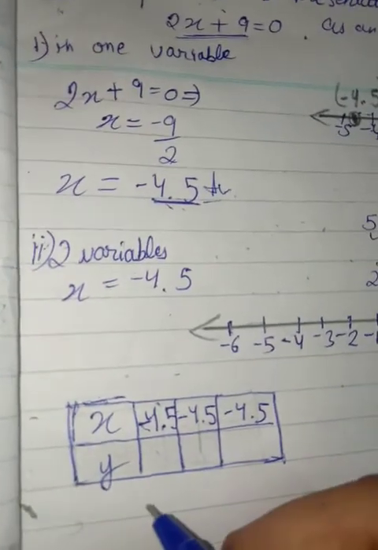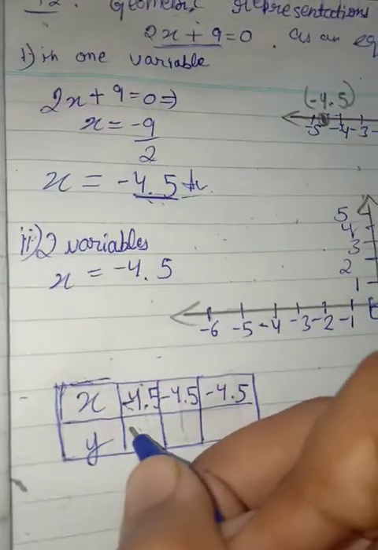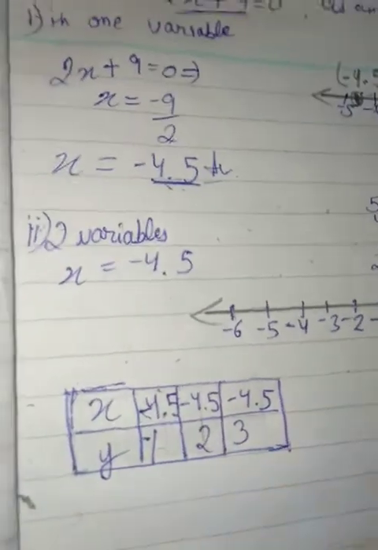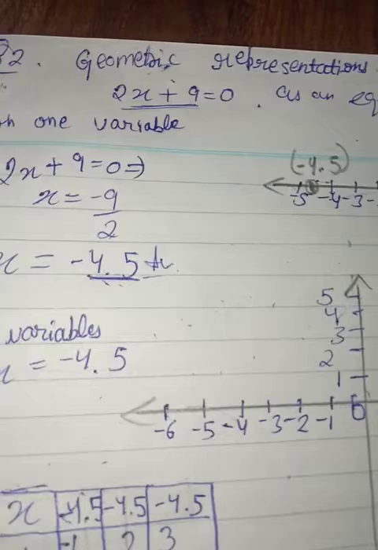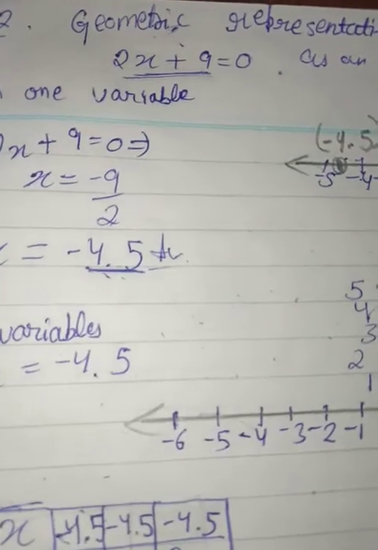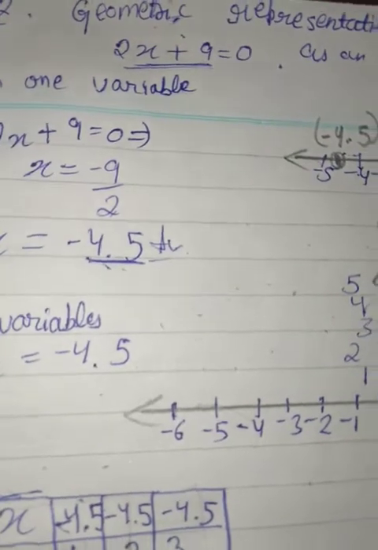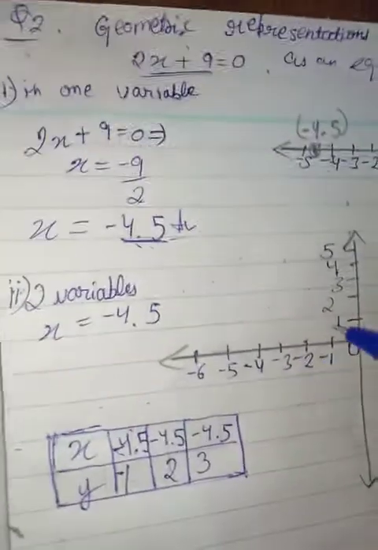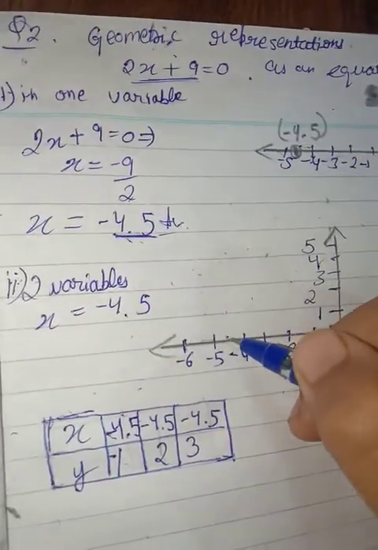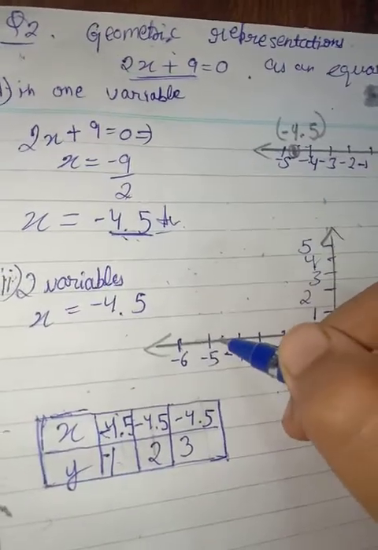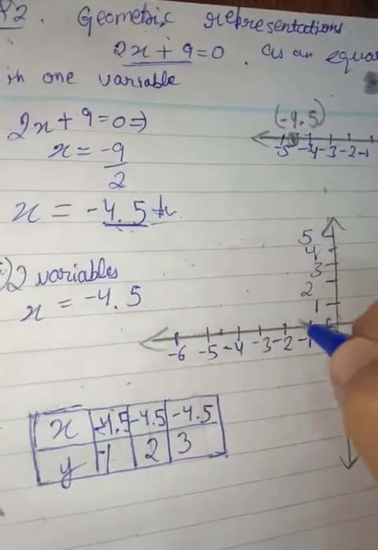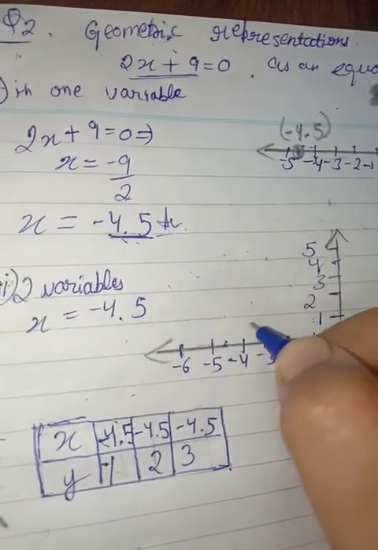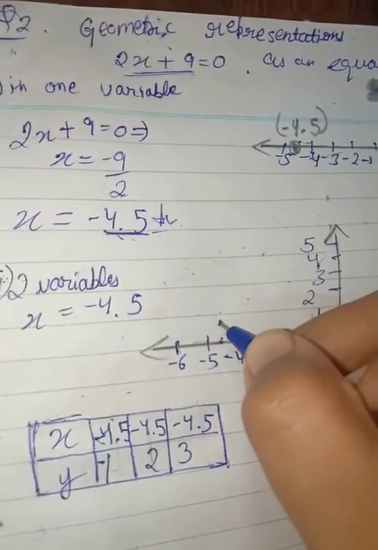And for y we can take any. Now we have -4.5 something here. So -4.5 and 1 is here, so we will mark this.